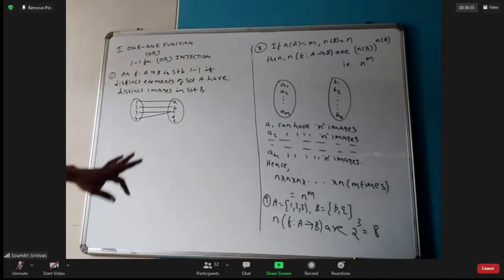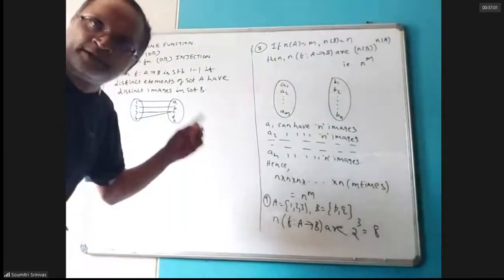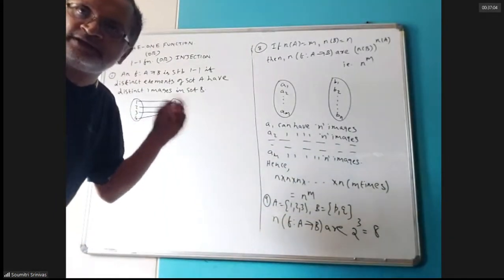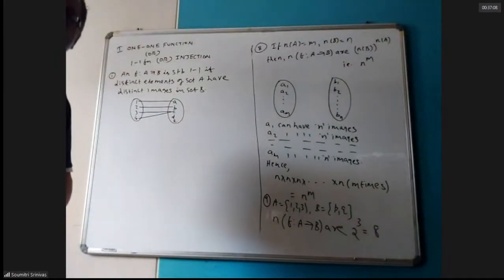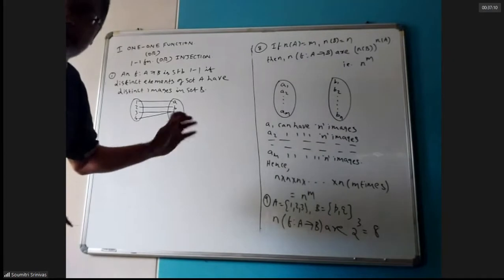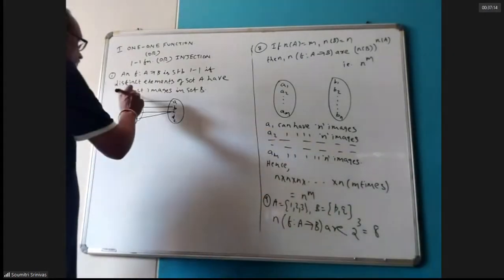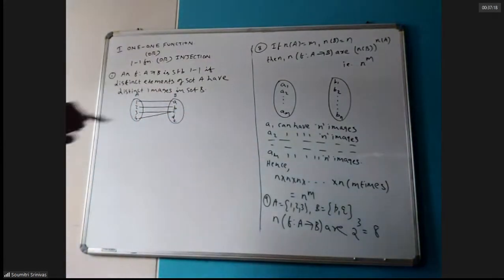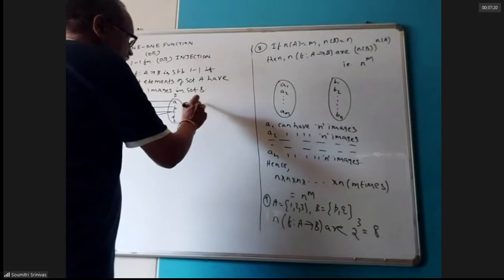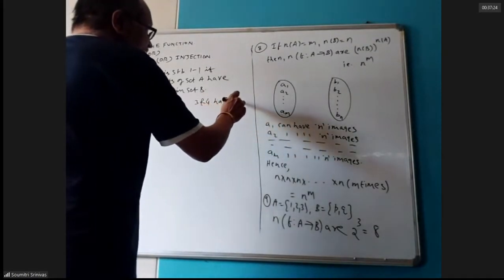Is this one-one? No. What does the statement say? Distinct elements of set A have distinct images in set B. Which distinct elements are having the same image? 3 and 4. 3 and 4 have the same image.